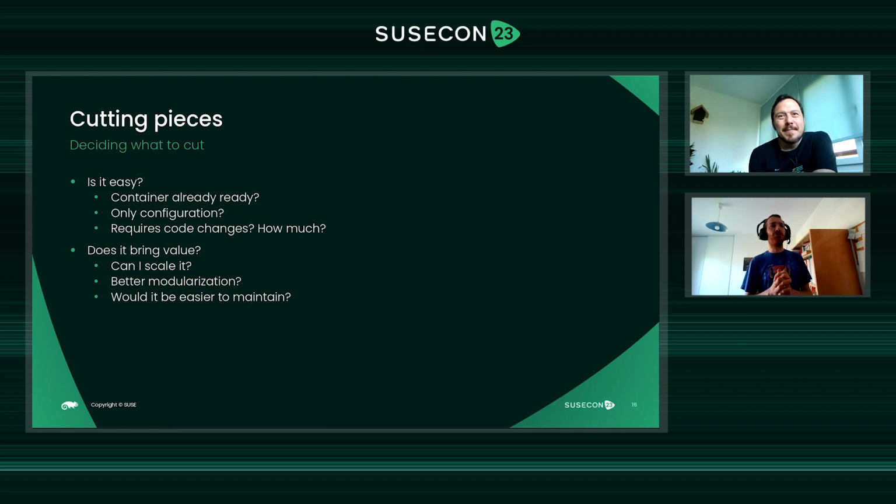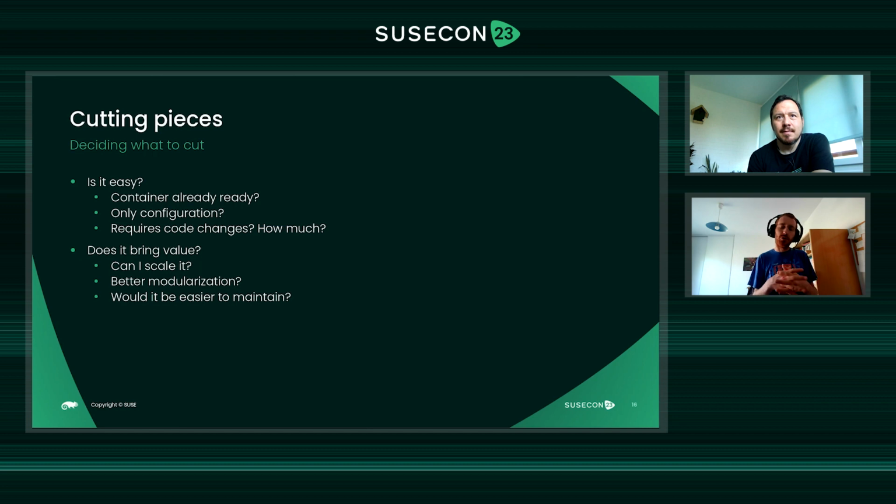So, how do we decide how to cut pieces and what pieces to cut? There are multiple criteria you need to think of, and first is: is it easy to do? Do we already have some container ready for this? Which is, for instance, the case for Apache or PostgreSQL. Containers are already available out there, and there's probably just configuration to tune to be able to use them.